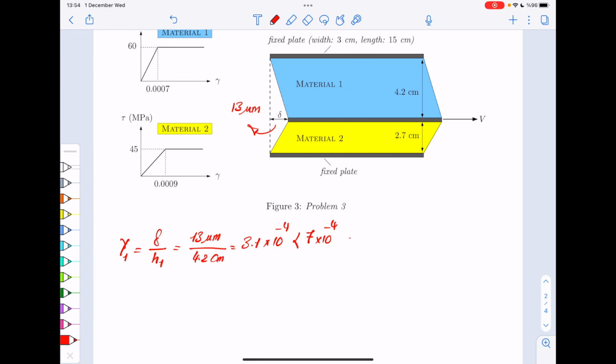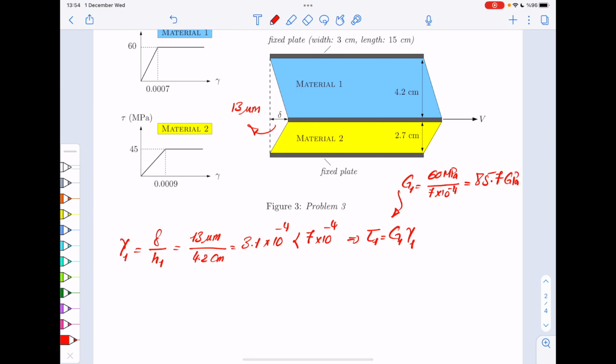Now you would say tau 1 is G1 times gamma 1. G1 itself is 60 megapascal divided by 7 times 10 to the power minus 4, which gives you 85.7 gigapascal.